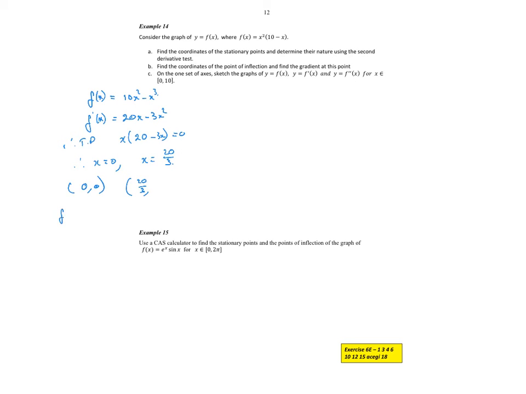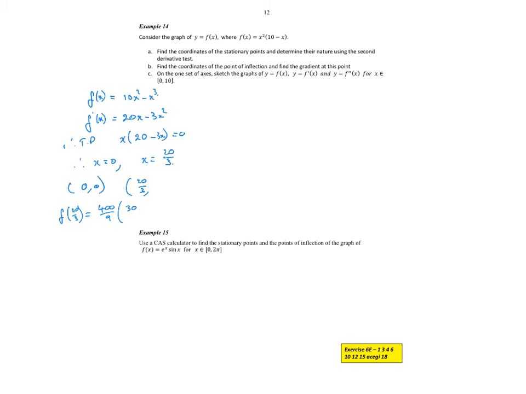Let's work out f of 20 on 3, which is equal to x squared, 400 on 9 times 10, we'll call that 90, minus, tell a lie, let's go back, not 90 on 9, so we're going to substitute 20 on 3 in.